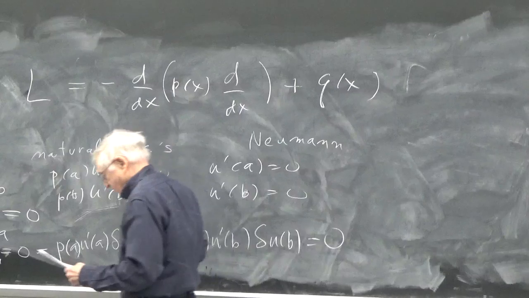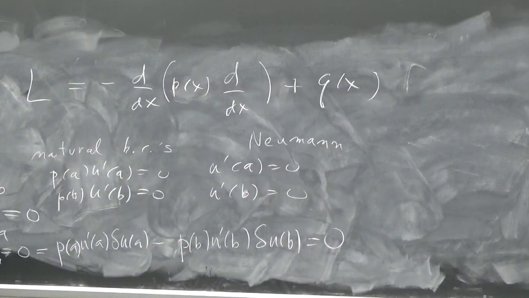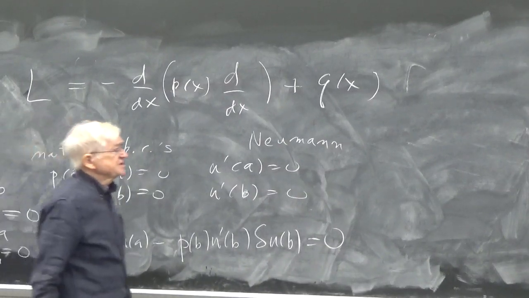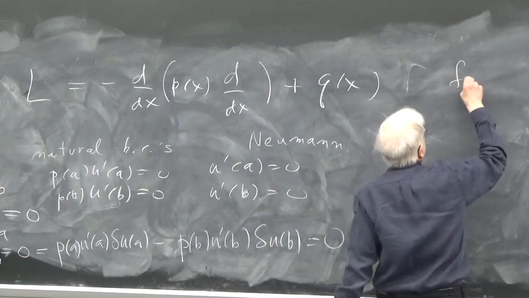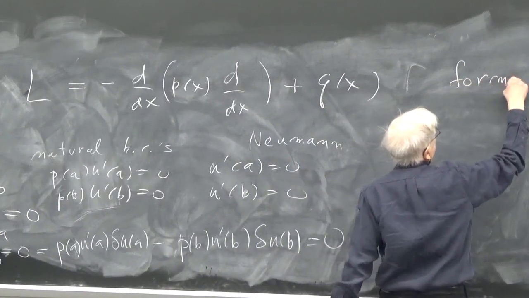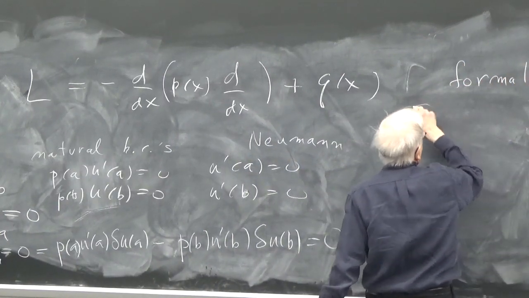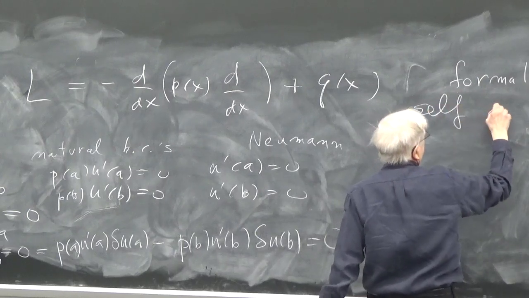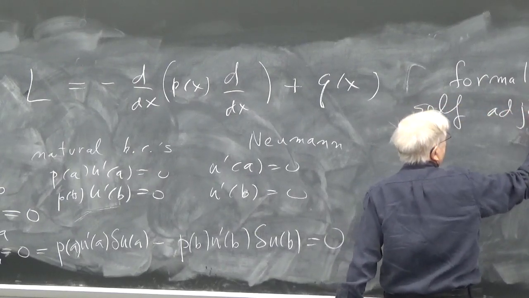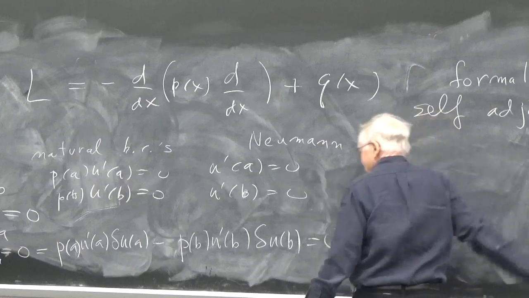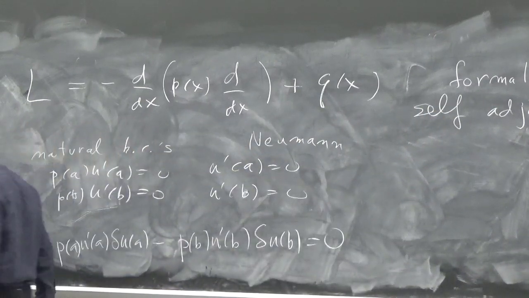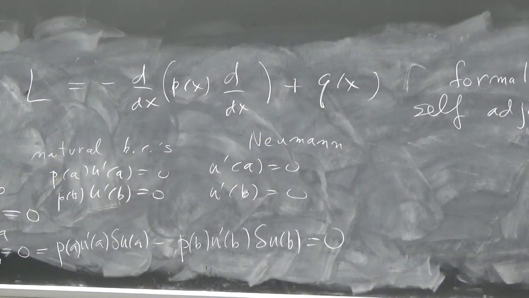So this is a second order differential operator. And a differential operator of this form is said to be formally self-adjoint. We'll say what really self-adjoint is presently, but I think we may have run out of time.